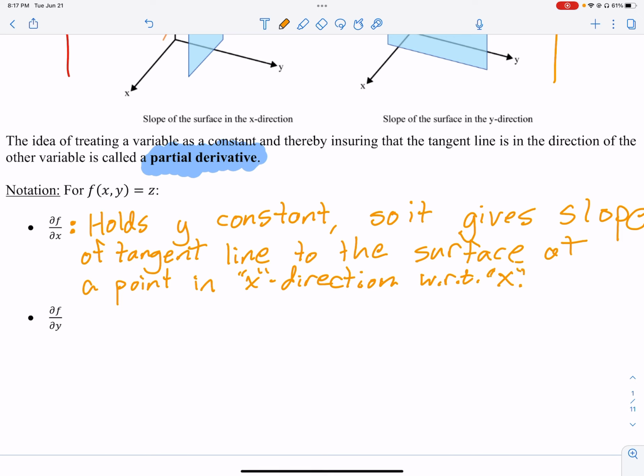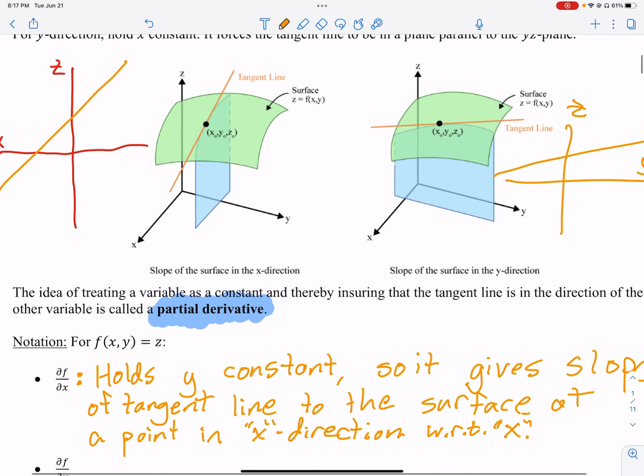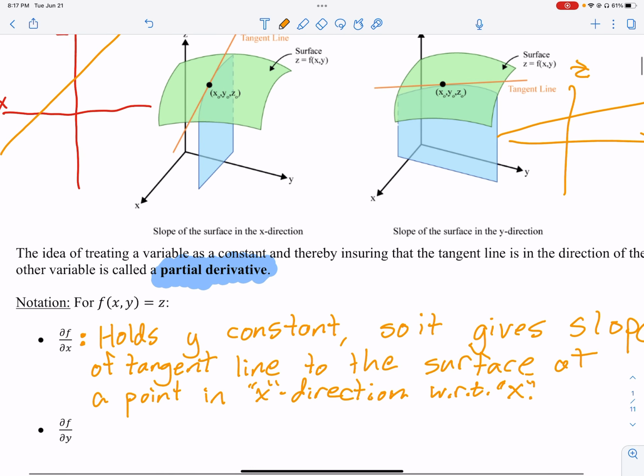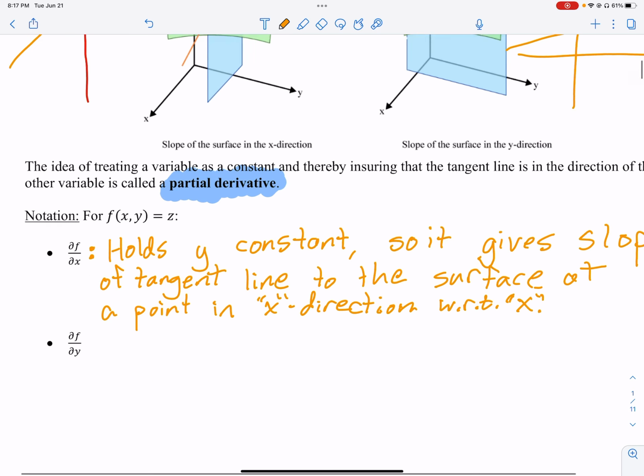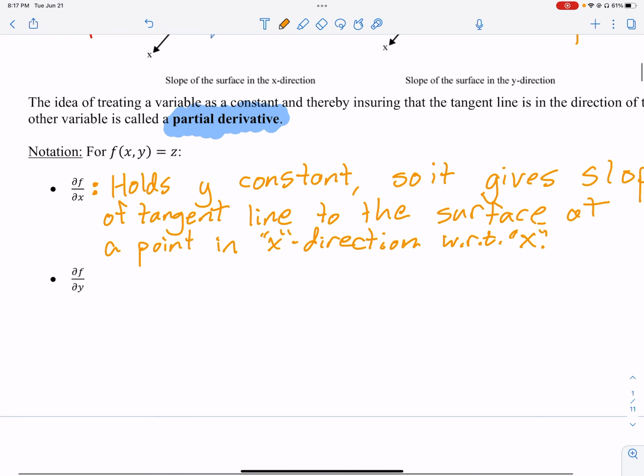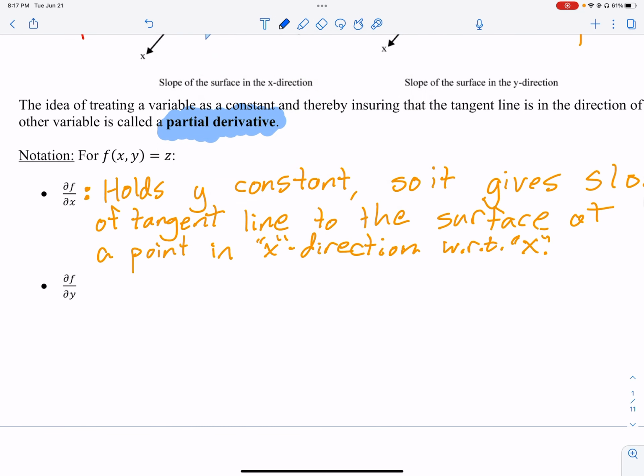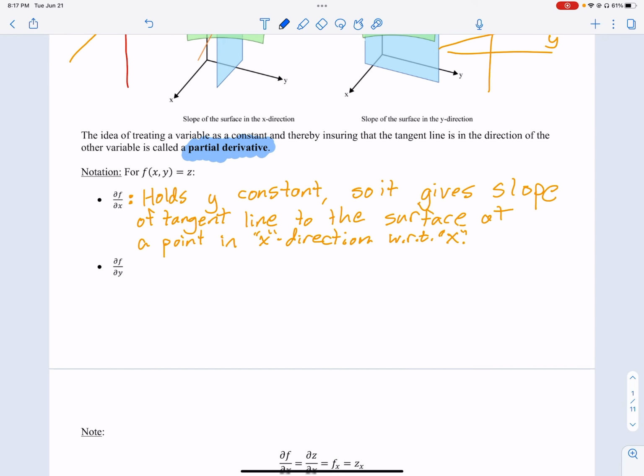So it holds the y constant, just like our picture up here on the left. That blue plane holds the y constant. Y is not moving left or right. And then it lets us just examine x and z. For this one, it's a different color, so it's not stacking on each other.